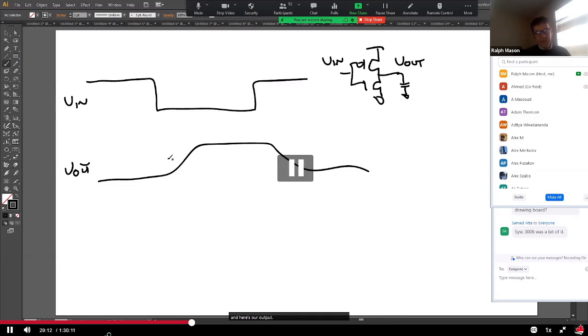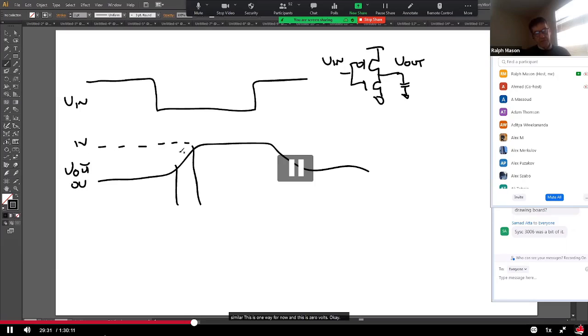So we need to define a few things first. There is a thing called the rise time and the fall time. Let's assume this is 1 volt for now, and this is 0 volts.